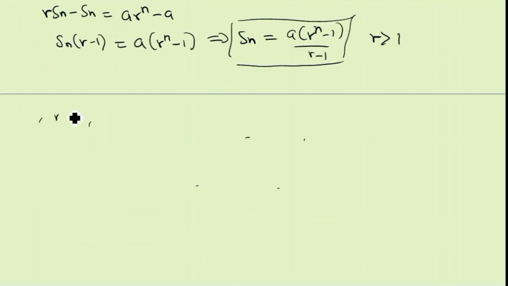For example, the sum of the first 8 terms of the GP 1, 2, 4, 8, 16 and so on.